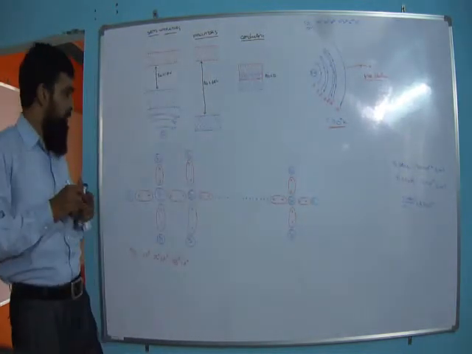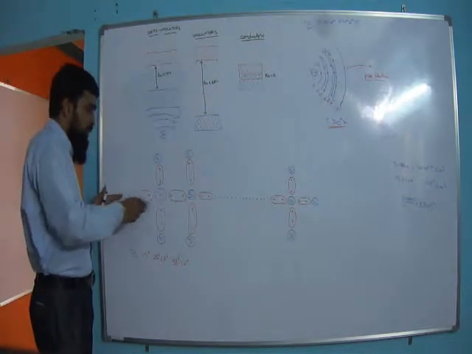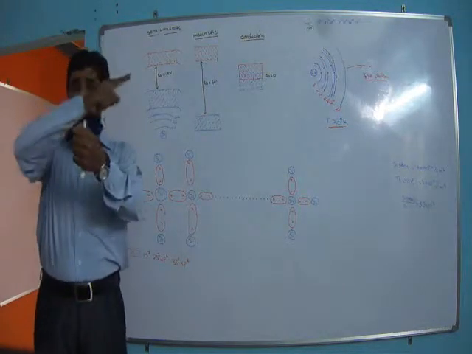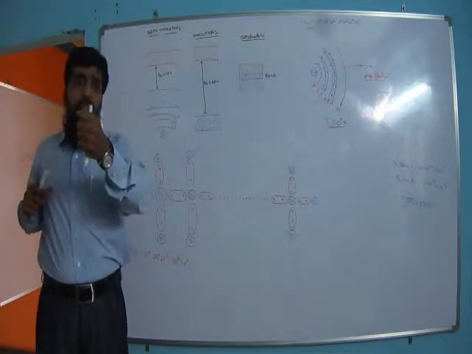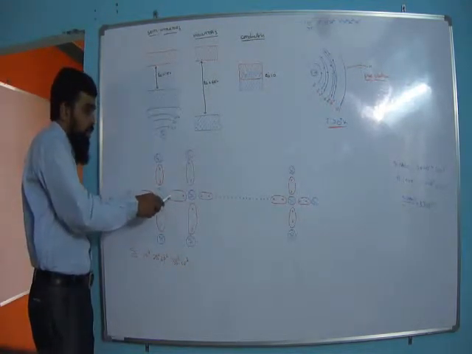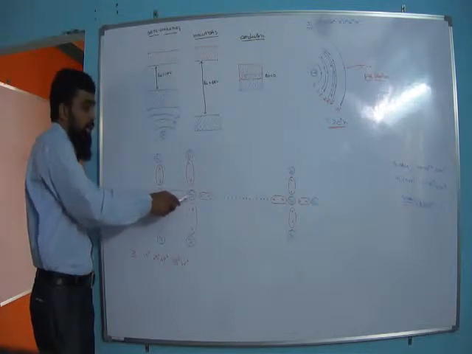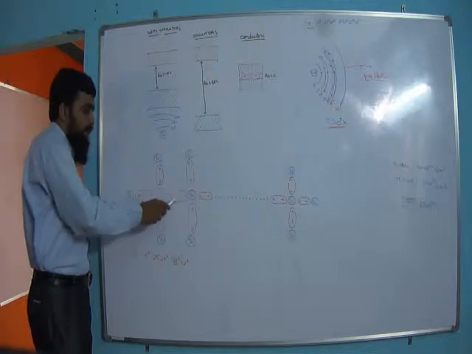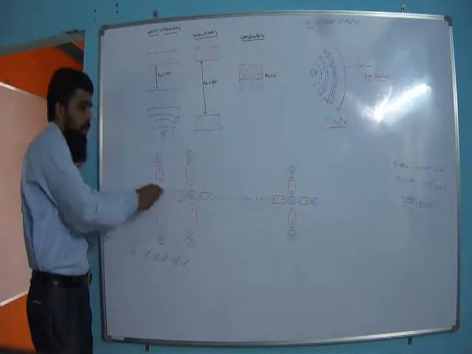Now this silicon atom finds 4 silicon atoms nearby. Each silicon atom is surrounded by 4 other silicon atoms. The adjacent silicon atoms will share electrons, and the electrons will form a covalent bond.